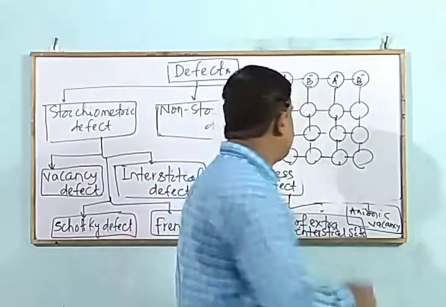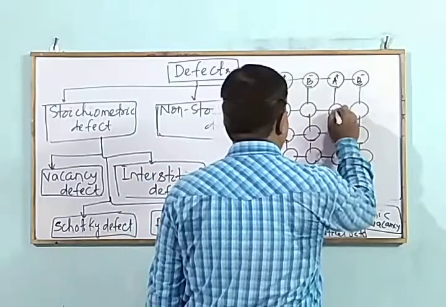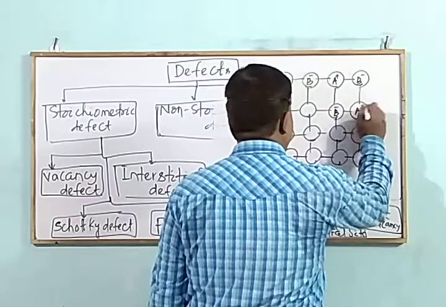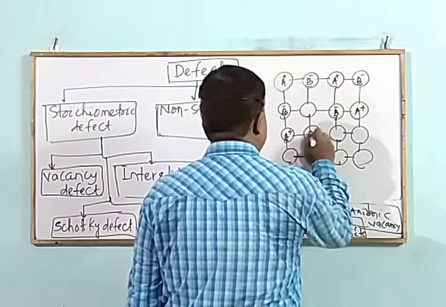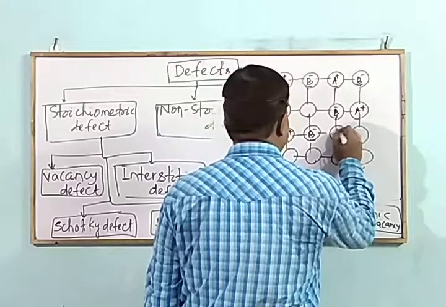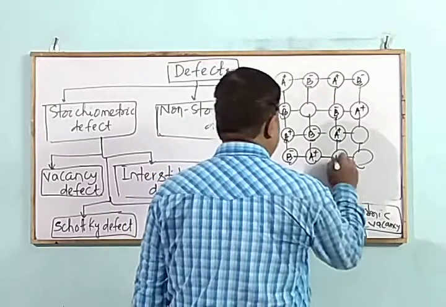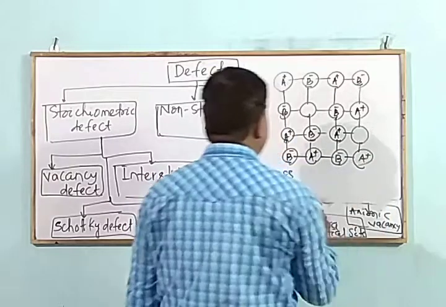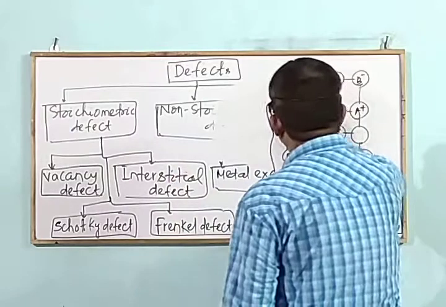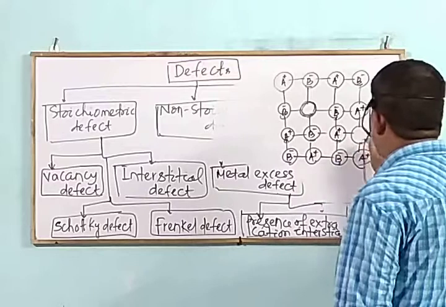Mark that, the structure: B minus, A plus, B minus, A plus, B minus, B minus, A plus, B minus, A plus. Mark that here. Here the cation is missing, after B minus, A plus is there. Cation is missing, anion is missing.